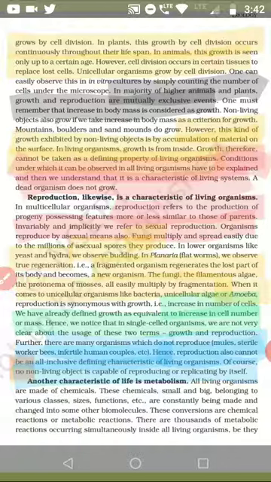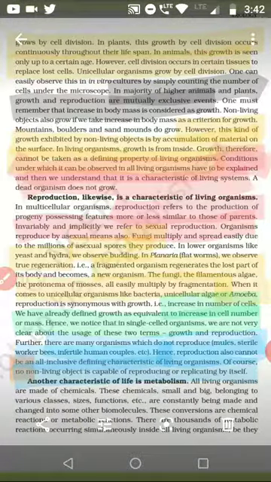It cannot be the complete definition, yes, but it is true that it is one of the major factors of living organisms, and it is different from non-living things. But there are certain exceptions: sterile mules, worker bees and infertile human couples cannot produce new organisms. So these are the two topics we have covered.